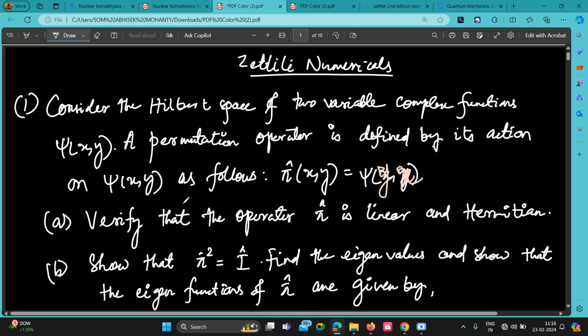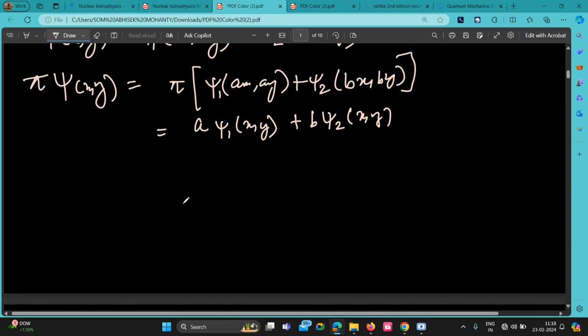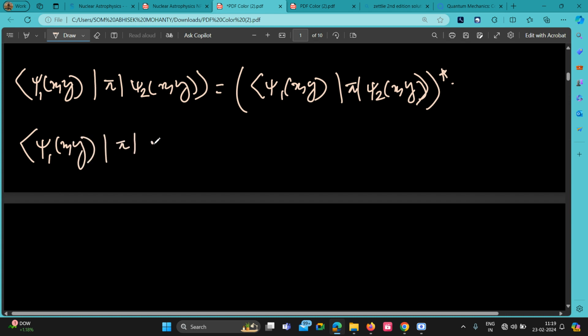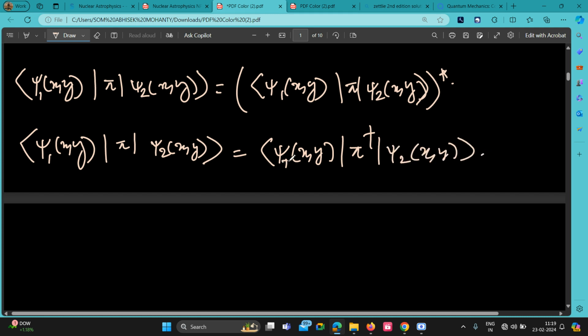For Hermitian, we will show that the expectation value of psi 1 xy, pi psi 2 xy is equal to the complex conjugate of psi 1 xy, pi psi 2 xy, that is, the whole star. That is equal to psi 2 xy, pi dagger psi 1 xy. Is it alright?